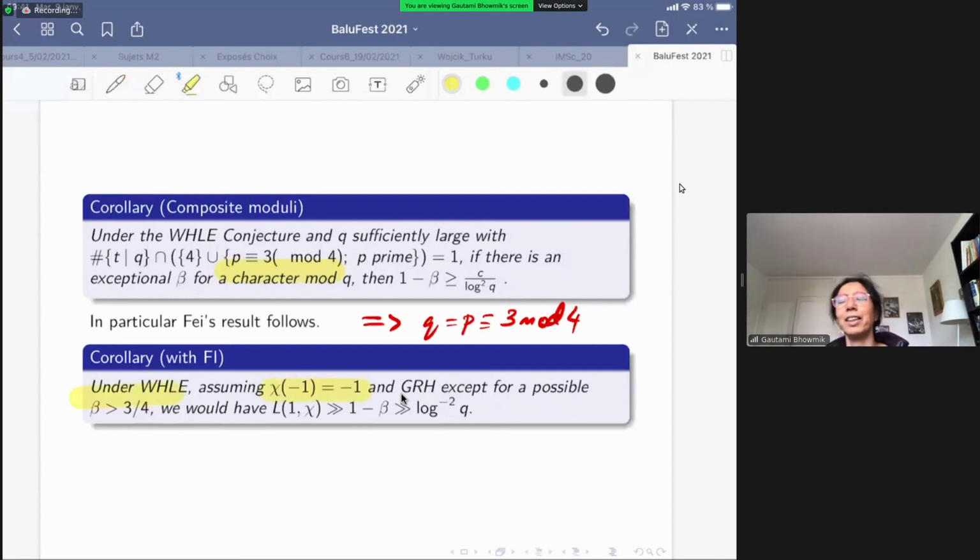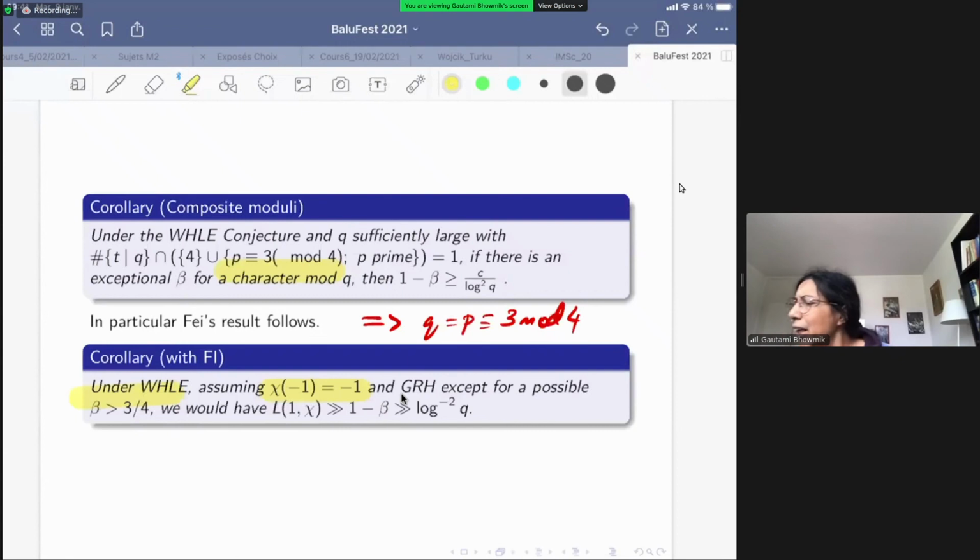And if you take the conditions of Iwaniec and Friedlander, that the GRH holds except for a possible beta, which is no more than 3/4, in that case, you will be able to show that L(1, chi) is greater than 1 minus beta, and it's greater than 1 over log squared q, which is a slight improvement on the Iwaniec-Friedlander result, but includes more conditions.